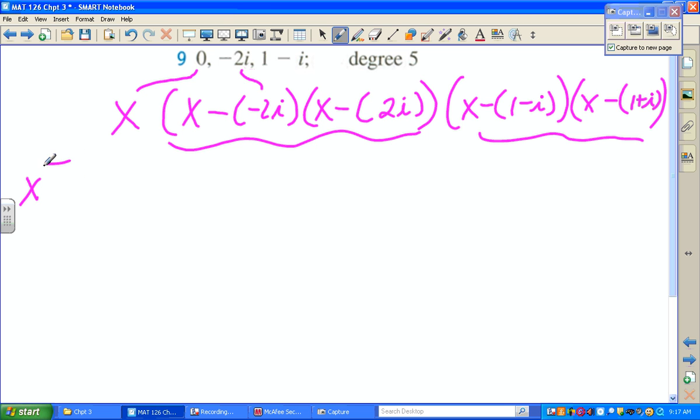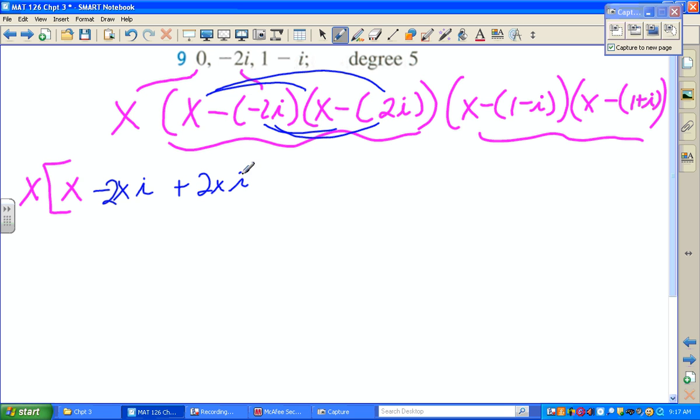So on this one, the first term will be x squared. Some people can look at it and tell. Some people have to take their time. Minus 2xi, sorry, plus 2xi. That's the third term from this product.